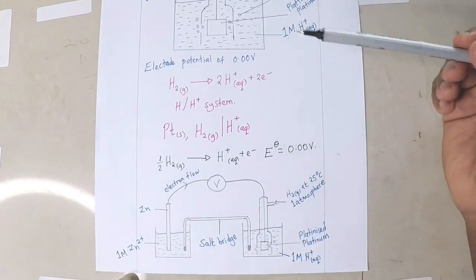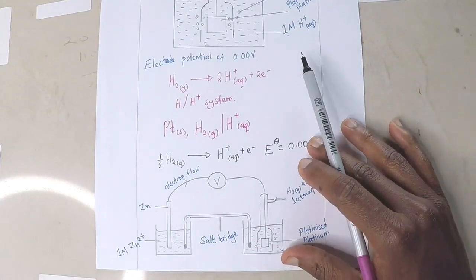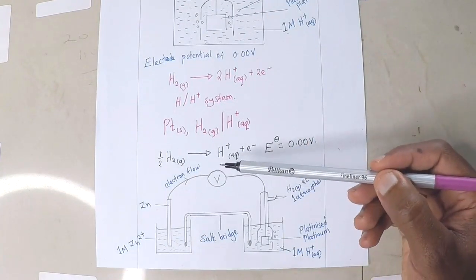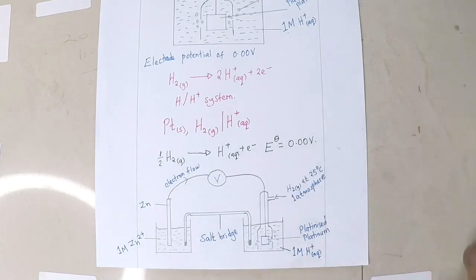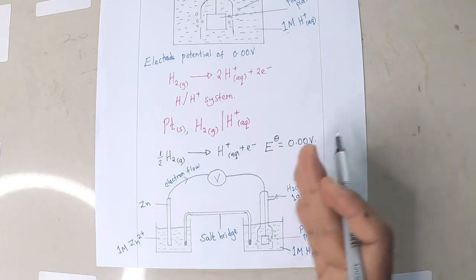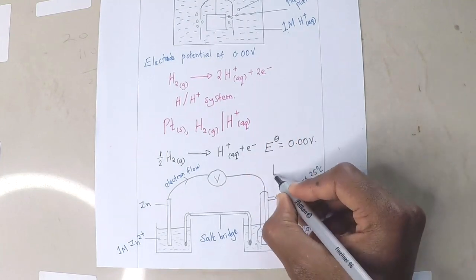When the hydrogen half cell and the zinc half cell are connected, the diagram representing the electrochemical cell looks like this. Now in this diagram, you'll notice that the hydrogen is on the right hand side.